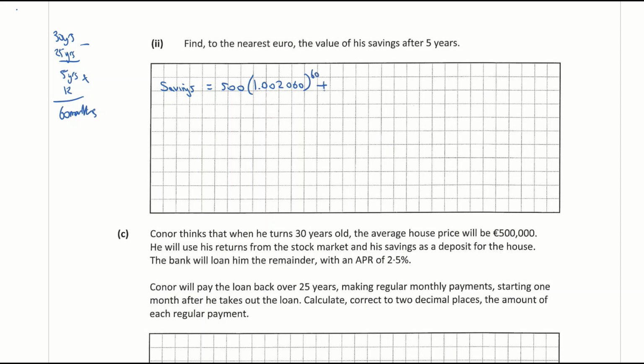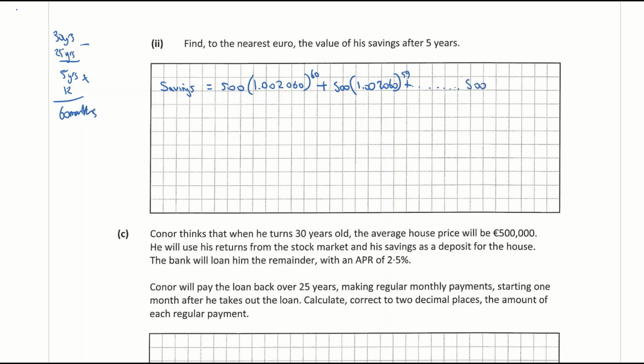And then next month, he'll put in another €500 and it'll stay in there for 59 months because it's a month down the line. And he's going to keep doing that. But the question says that he's not putting in €500 on his birthday.